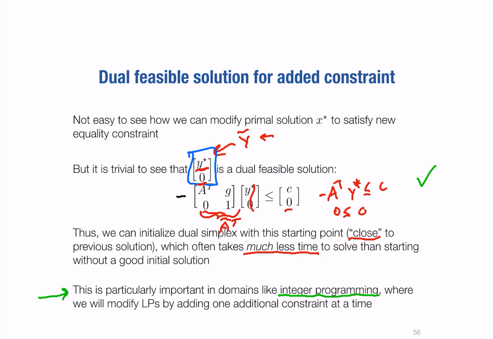For integer programming, it turns out that the dual simplex can be one of the workhorses behind how you solve large scale integer programs, or as large as we can really do, because it allows for this incremental solving of the linear programs.